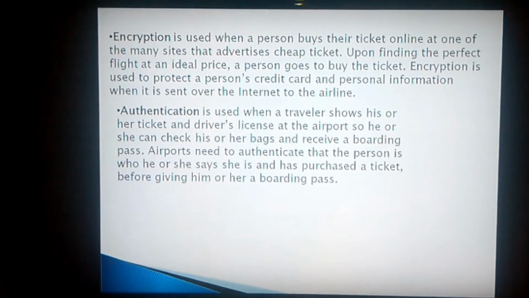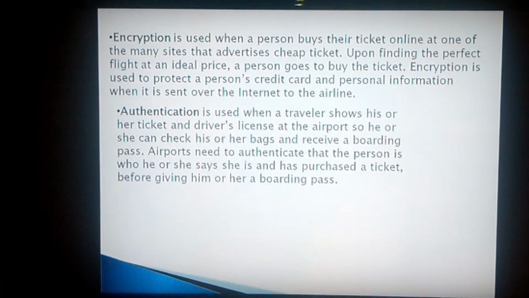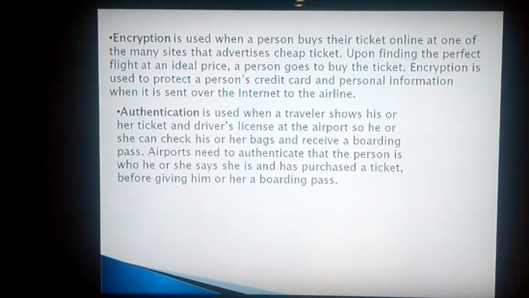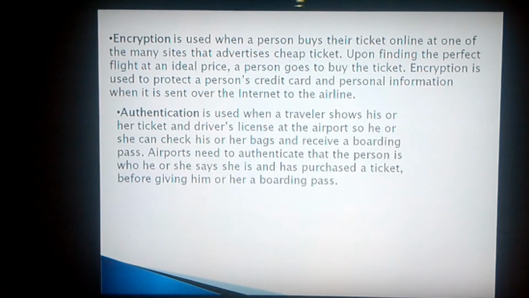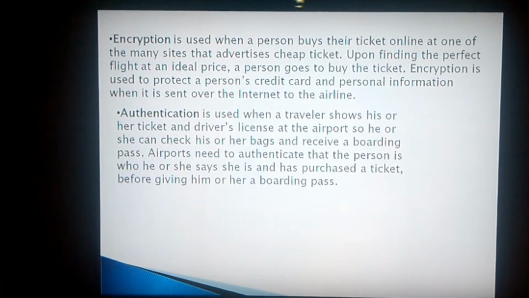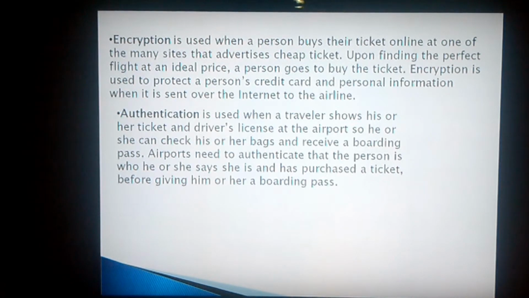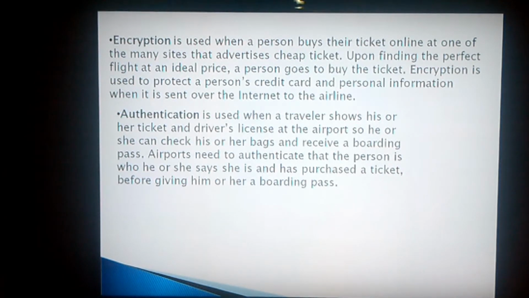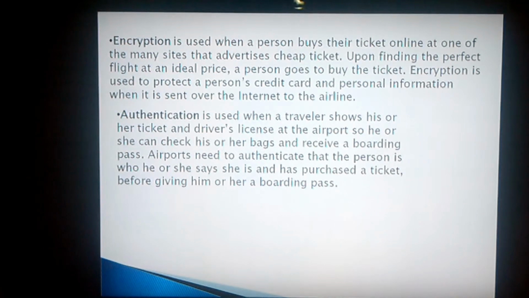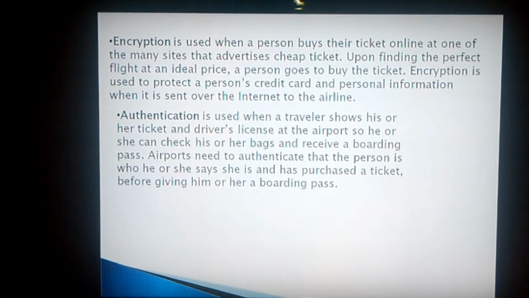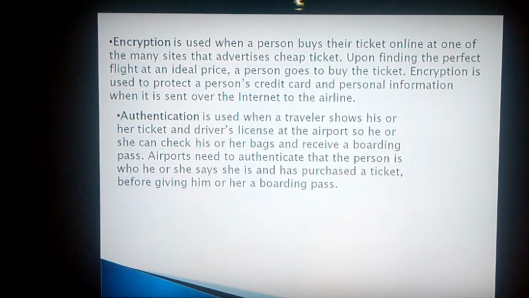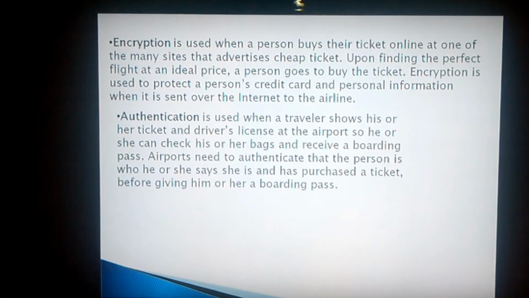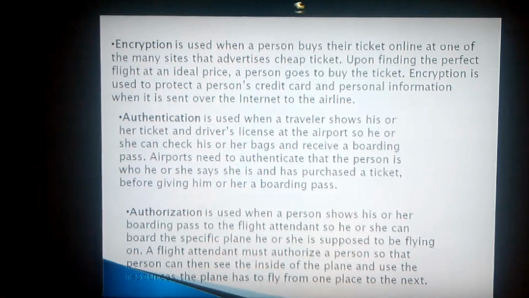Authentication is used when a traveler shows his or her ticket and driver's license at the airport so he or she can check his or her bags and receive a boarding pass. Airports need to authenticate that the person is who he or she says she is and has purchased a ticket before giving him or her a boarding pass.